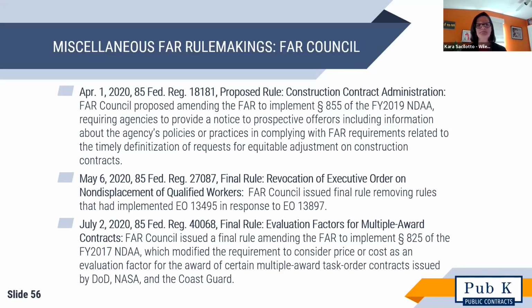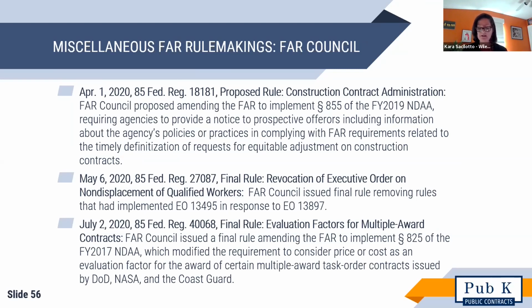This is a grab bag of miscellaneous FAR rulemakings from the FAR Council. I'm going to cover the second and the third bullets briefly. And the second bullet is really just, I guess, indicative of the process we're going to be going through now that there's been a change in administration to the Biden administration.